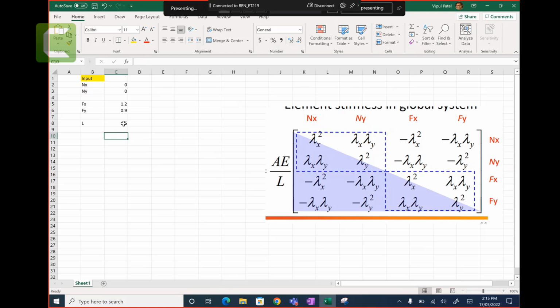Now, if you want to put A and E, of course you can. A is 300 divided by 1000 times 1000. That is your area in meter square.